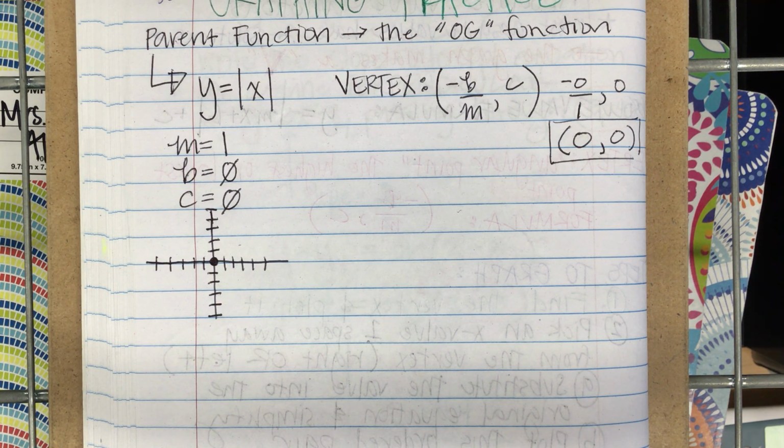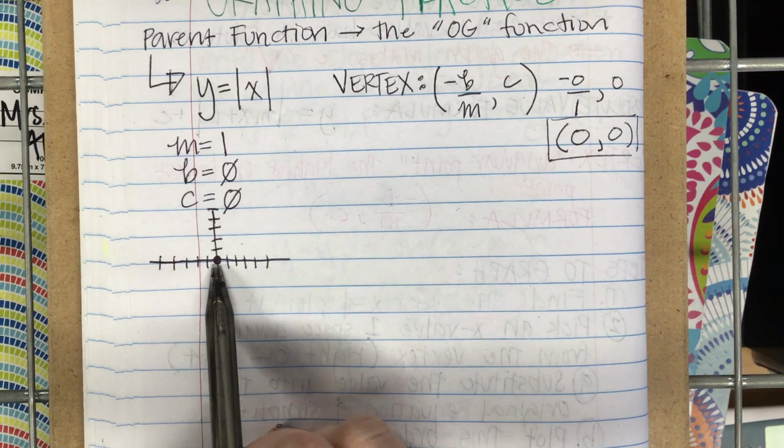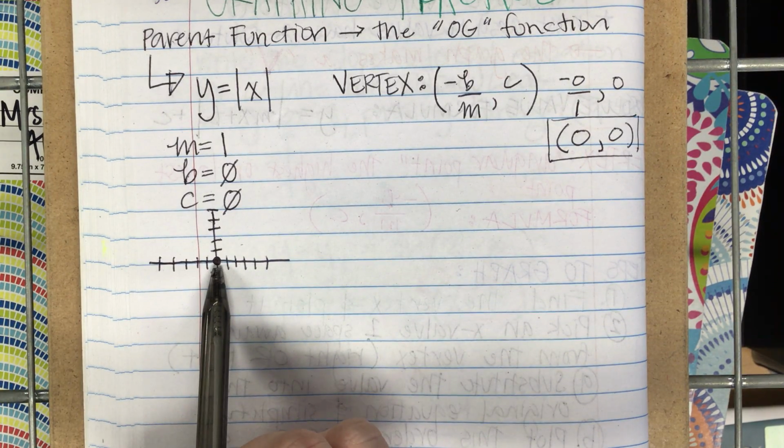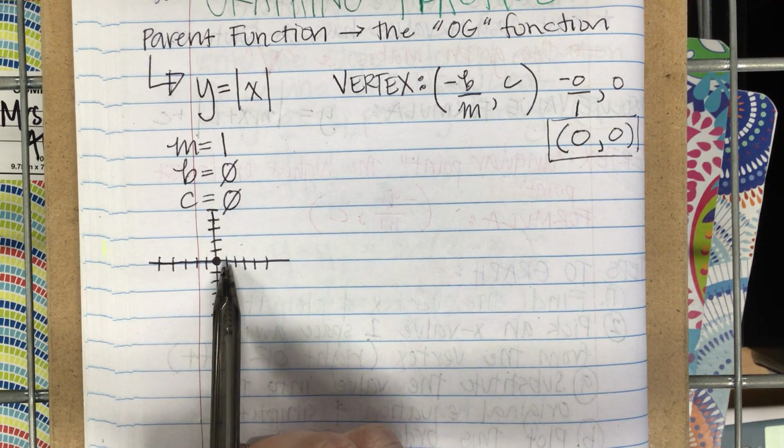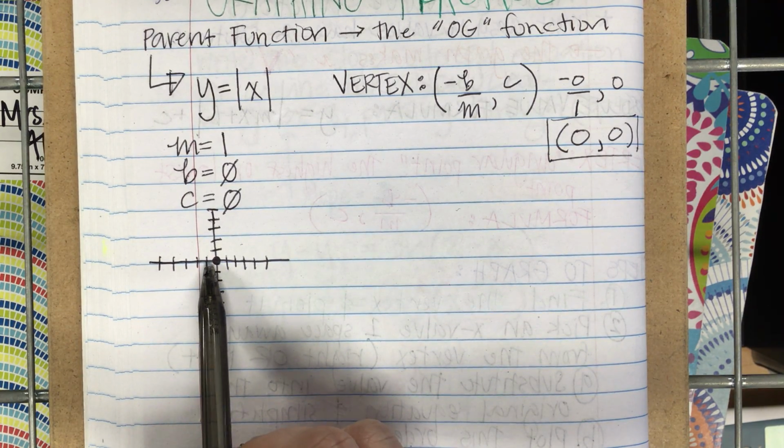It's a whole lot easier to pick one space away from the vertex. What is one space away from my vertex? I could either use 1 or I could use -1. It's your choice. Let's live on the wild side. Are you ready? Yep.